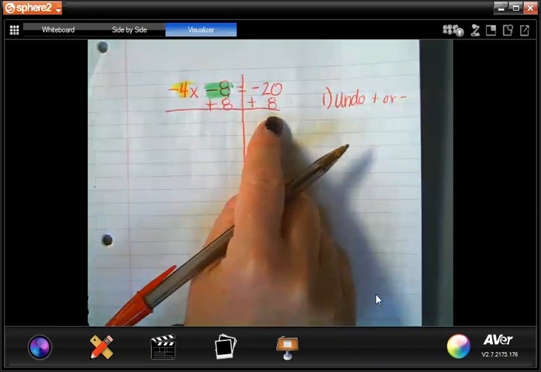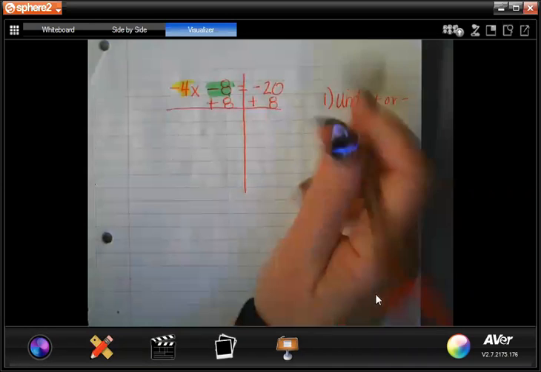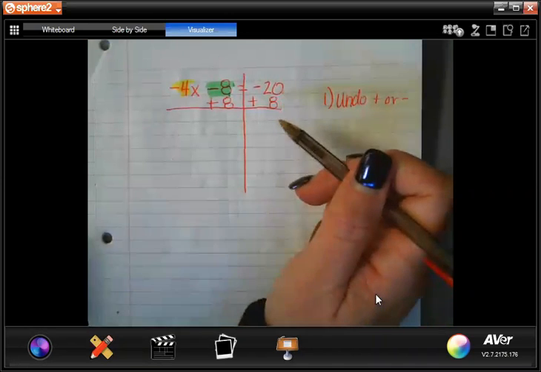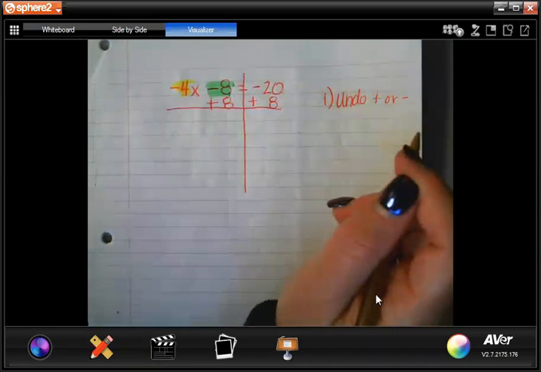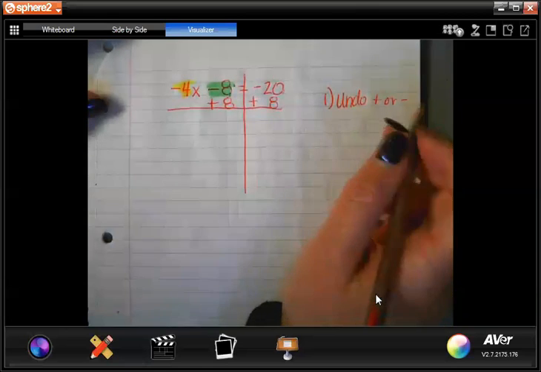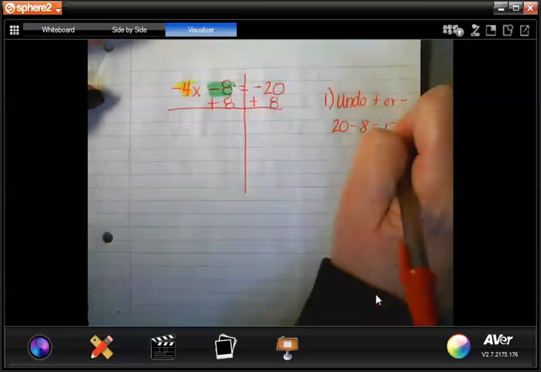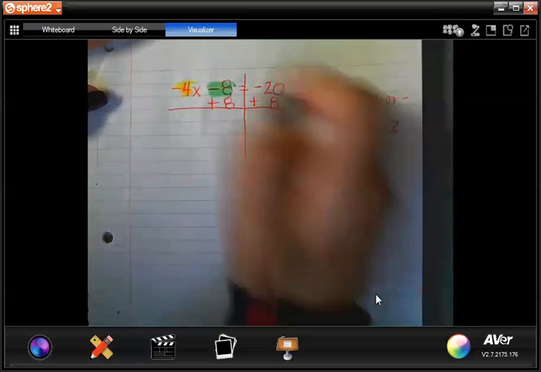Tons of people tell me the answer to this is negative 28. Go back to your rules. When you add two different sign numbers, you don't add them, you subtract them and give it the sign of the larger number. So 20 minus 8 is 12. 20 is bigger, so this is a negative 12.